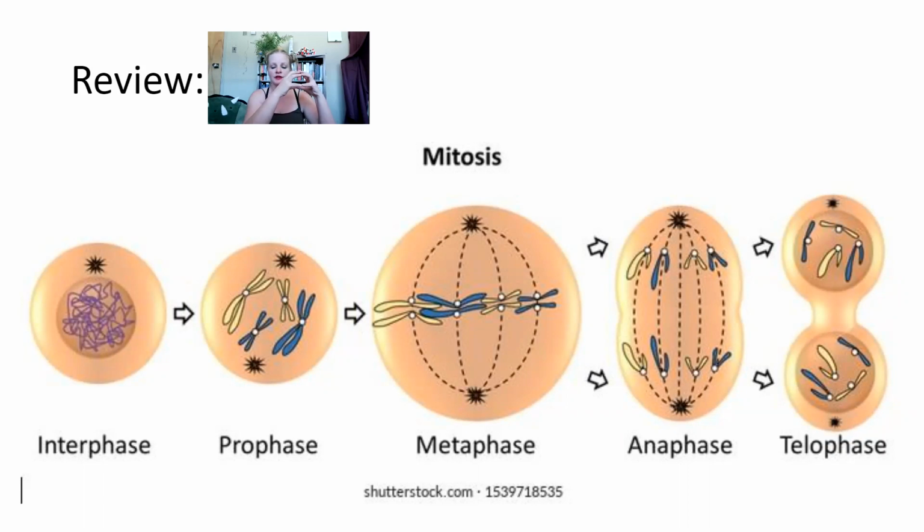In anaphase, those sister chromatids are pulled apart. In telophase, the nuclear envelopes of our two new nuclei start to reform, and we also have cytokinesis. For plants, that involves a cell plate, and for animal cells, it involves the cleavage furrow.